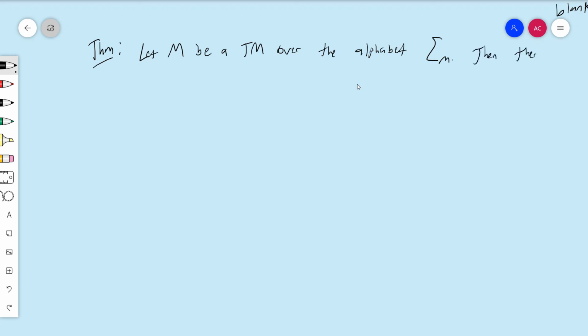Then there is a Turing machine M prime over the alphabet sigma B 01. Notice there's no blank and there's no triangle.